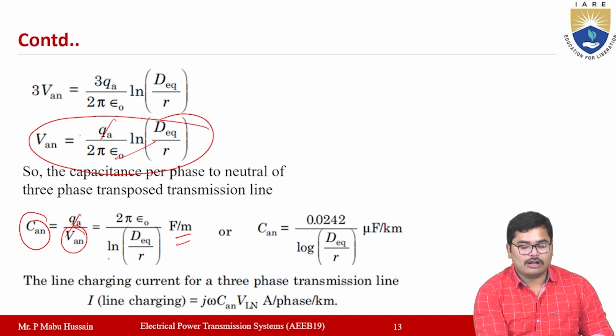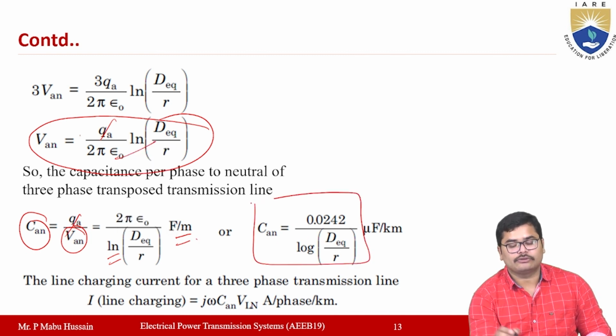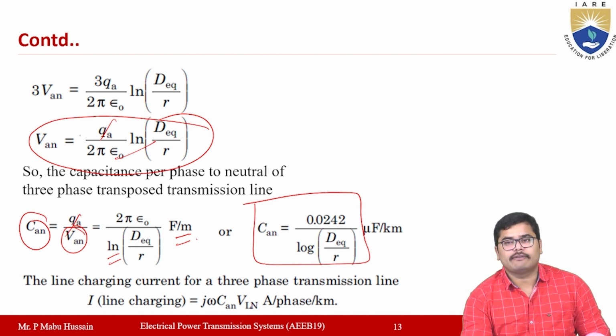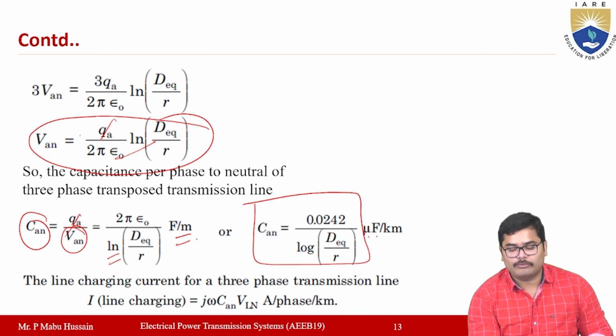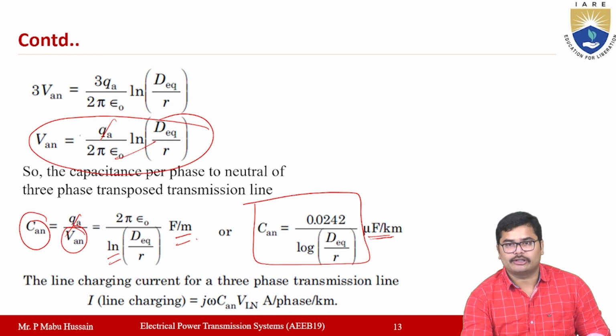Now if you convert the ln to a logarithm to the base 10, farads to microfarads, and meters to kilometers, then you will get this equation. CAN is equal to 0.04242 by log D equivalent by R, which is in microfarads per kilometer.